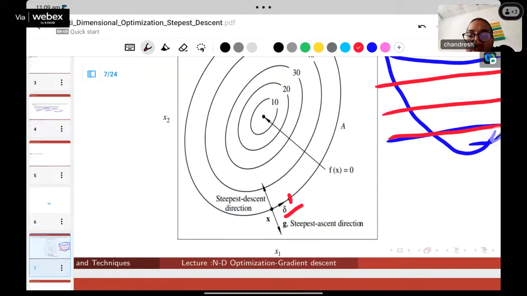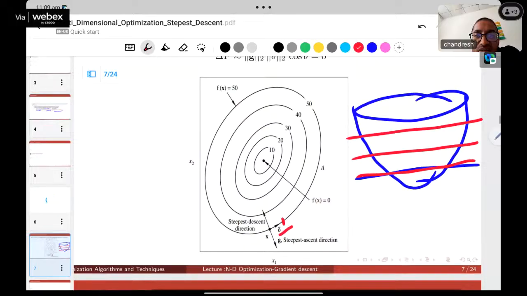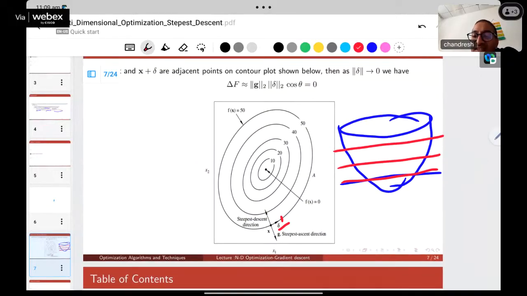But when you move by a really small delta, the change in the function value should be negligible, because on the levels of this contour plot, the function value is the same. So even if you make delta very small, the change in the function value is 0.